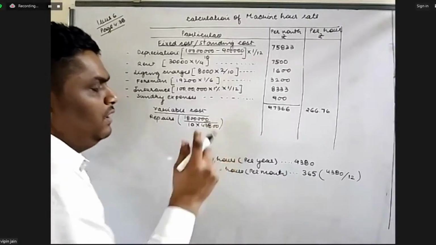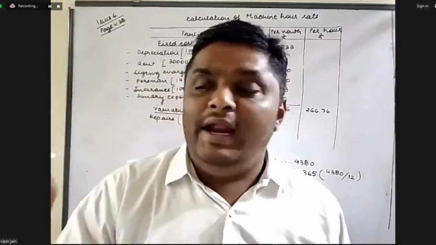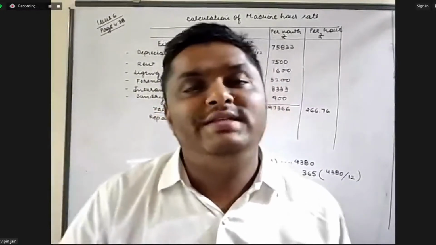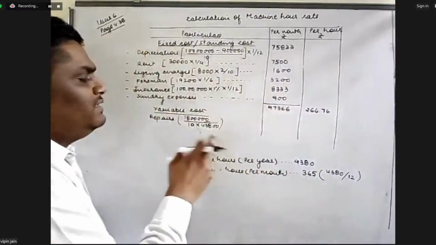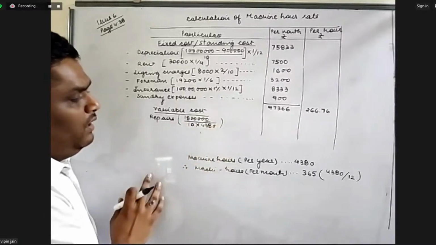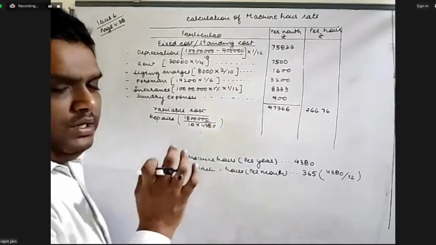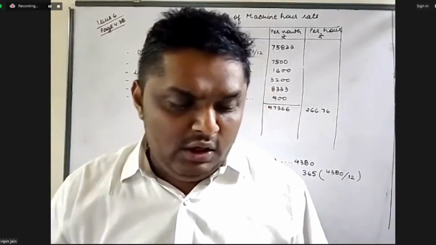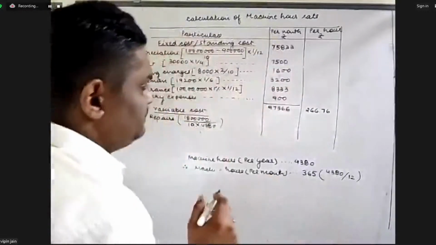In simple terms, the total repair cost is 18 lakh for the entire life, and every year the machine is expected to run for 4,380 hours. So for the entire life, 4,380 into 10, that is total 43,800 hours the machine is expected to run. So 18 lakh divided by 43,800. So we'll get the per hour rate, that is 41.10.